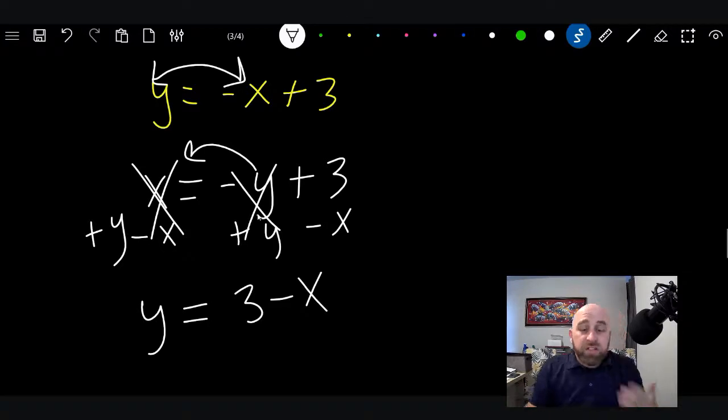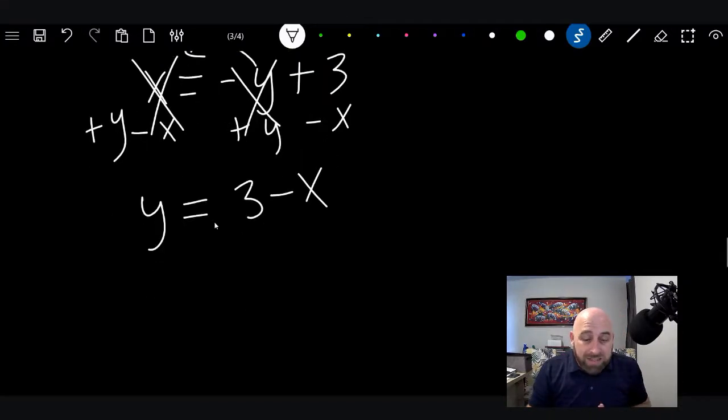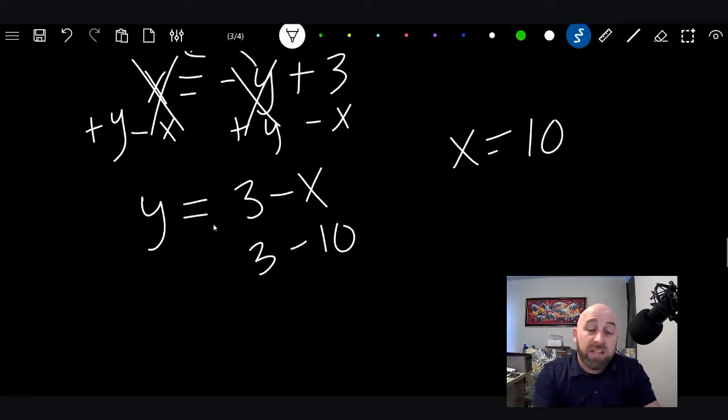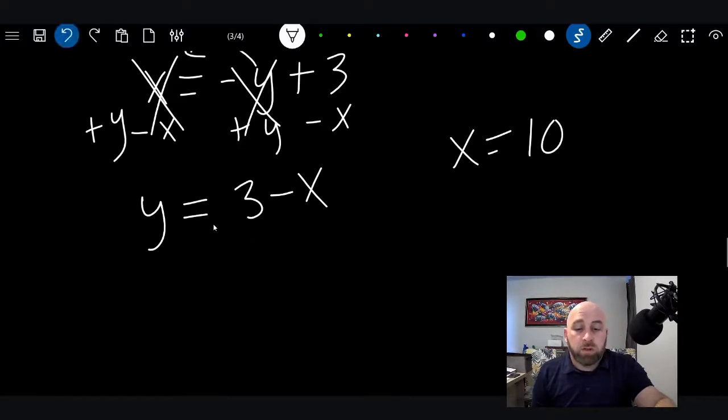So the question that you ask yourself now is, does that have one solution or does that have multiple solutions? So in other words, I can put anything I want in for x. X equals 10. How many solutions do I get for y? Well, 3 minus 10, what's 3 minus 10? Negative 7. Y equals negative 7. One answer. Let's put something else in for x.